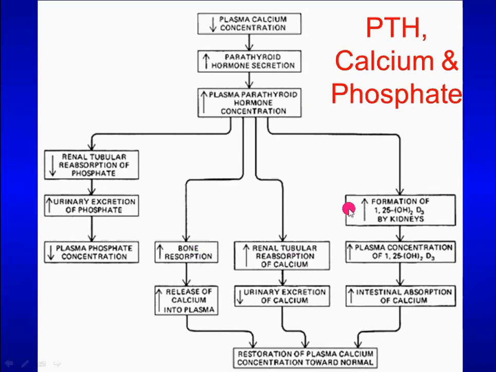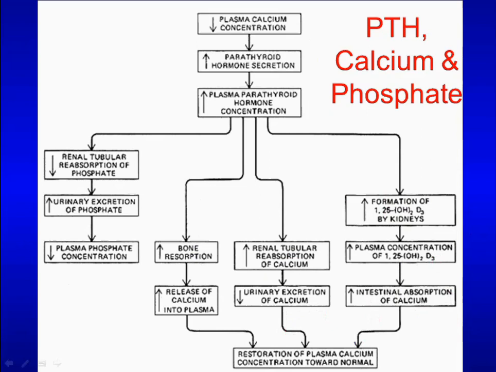It also stimulates formation of 1,25-dihydroxy vitamin D by the kidney. Plasma concentration of active vitamin D increases. This leads to an increase in intestinal absorption of calcium. These three effects restore plasma calcium concentration back to normal.